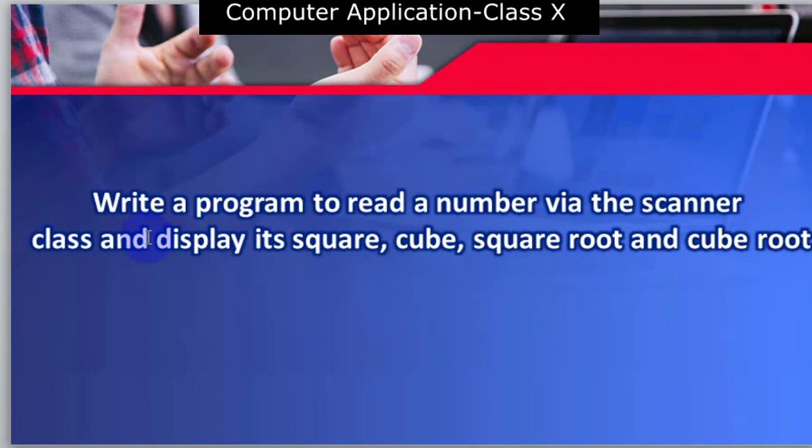So here I am going to explain: write a program to read a number via the Scanner class and display its square, cube, square root and cube root. So here you should understand, dear students, you have to use the Scanner class and display the output. Output should be the square, cube, square root and cube root.